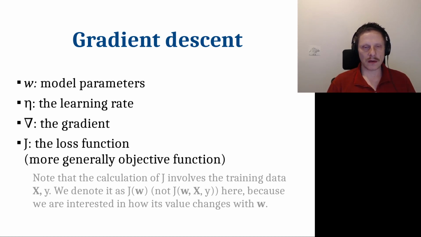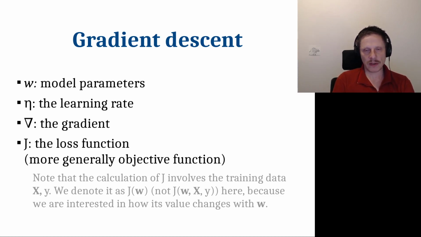So one thing which is important in order to make sense of this notation is that J, this objective or loss function, in order to calculate it, you need to use the training data such as X and Y. But in this notation, we just denote it as J of W and not, for example, J of W, X and Y, even though these are also inputs to that function.